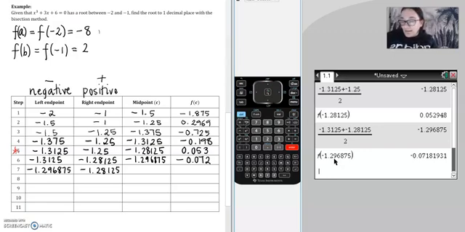And in fact, line 6 and line 7 will just reconfirm the answer we're looking for. So x will be approximately negative 1.3, correct to 1 decimal place, and we saw that in step 5.